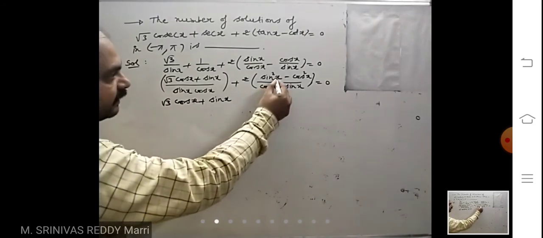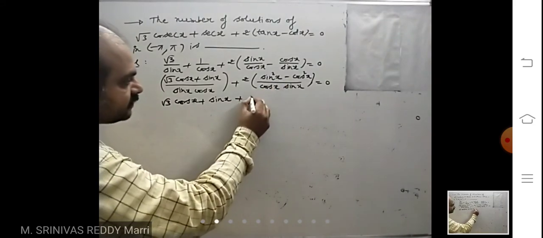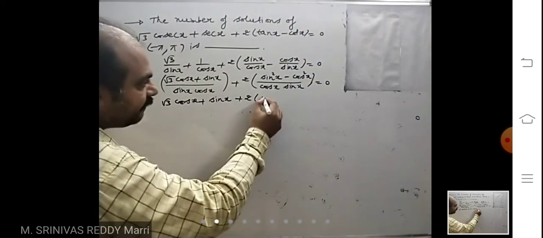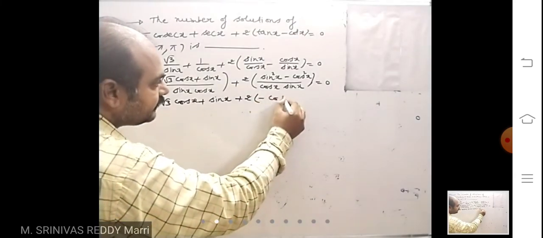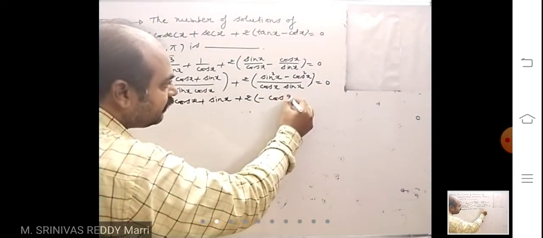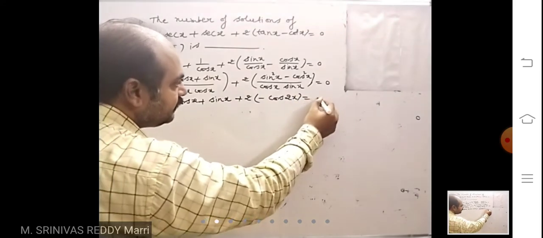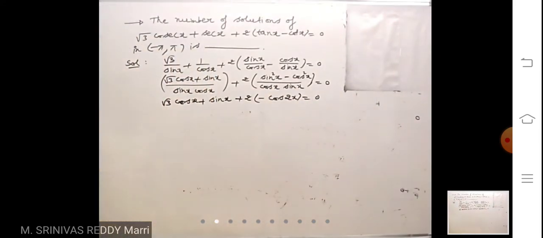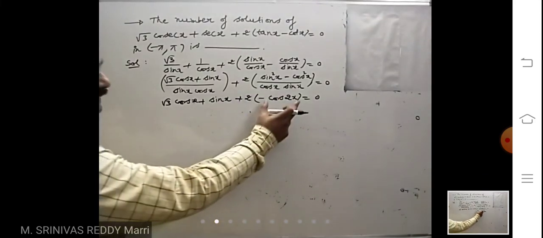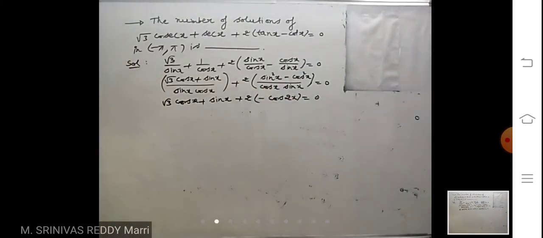Now look at here, plus 2 into, if you take minus common, that is nothing but minus cos 2x equal to, bring cos x into sin x to that side. Cos square x minus sin square x is cos 2x. Therefore, this is minus cos 2x.